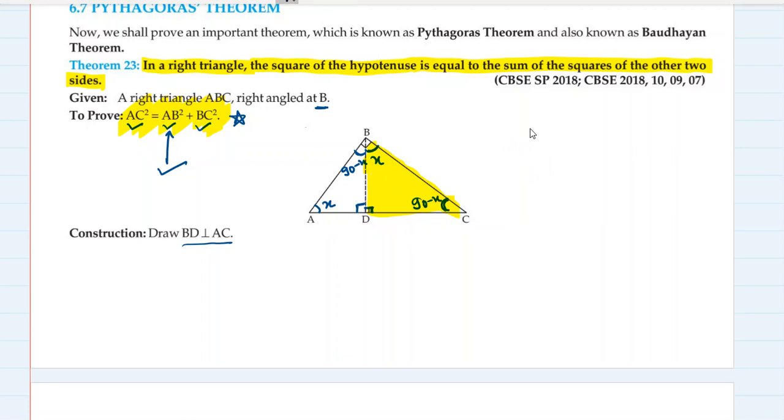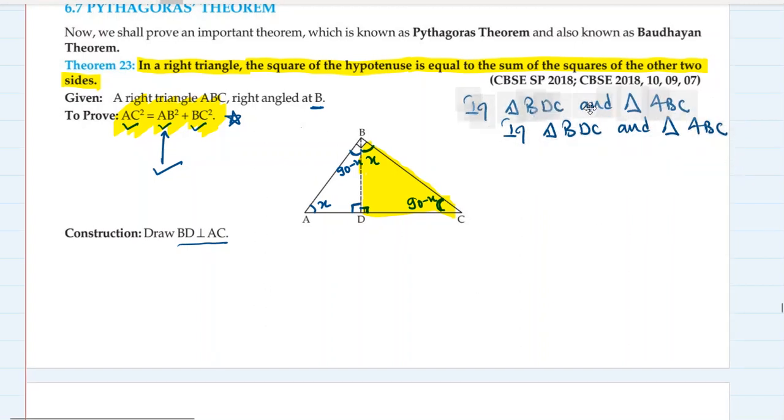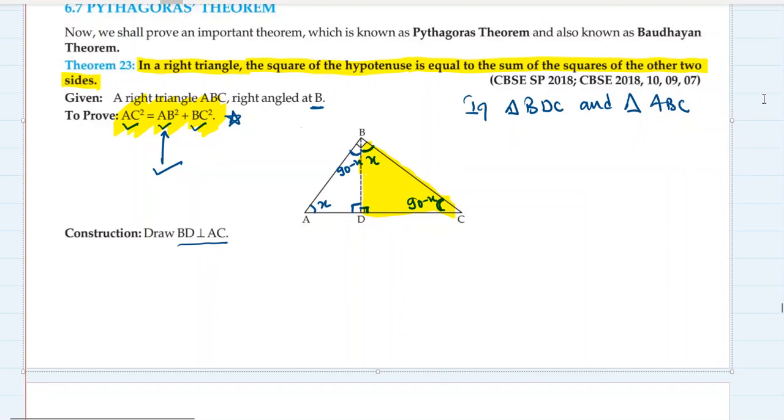So I'm going to write, in triangle BDC and triangle ABC. Now we will prove these two triangles BDC and ABC similar with the help of AA similarity. For that we need to find which angles are equal.